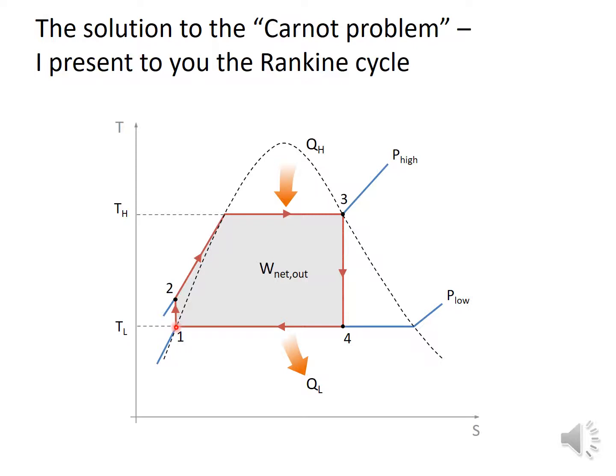Then we know that we have only liquid in this state, which means that we can compress it to point 2, and we know that it's only liquid that we are compressing. From point 2 we again reversibly add heat until we get to point 3, which is on the saturation curve, allowing it to expand down to point 4 and then going back to point 1. We still have a problem with moisture here, but we have at least solved this problem.